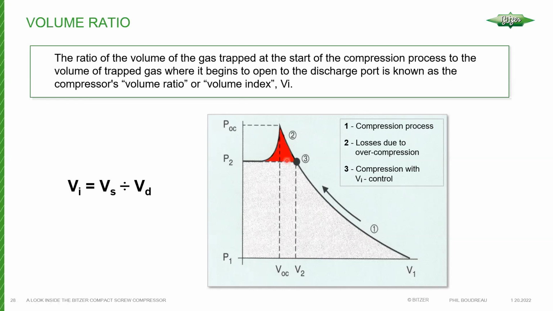So you can see here that P2 would be our regular high side, or we'll call it condensing pressure. Okay, and we've compressed up past that inside the rotor profiles. And then once the rotors open to the discharge port, that high pressure refrigerant now actually drops to the condensing pressure, which of course is inefficient and results in this additional power consumption.